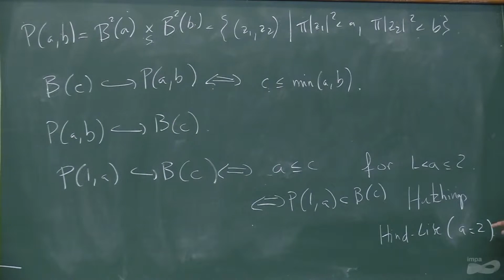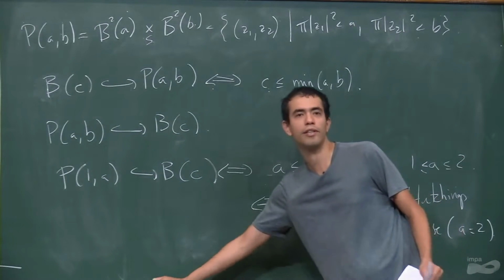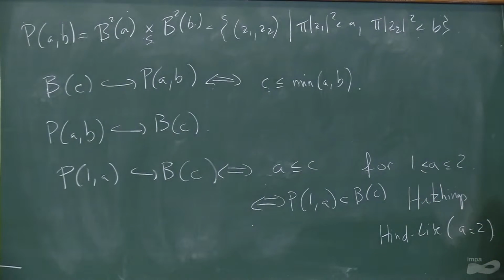And Hein and Lisi had done that, not using ECH, but found holomorphic curve obstructions for the case A equals 2. And then Hutchings found more obstructions for A greater than or equal to 2, but they're usually not sharp. But I will just say one more result about polydisks, which is that for a little bit bigger than 2, we still know the answer.